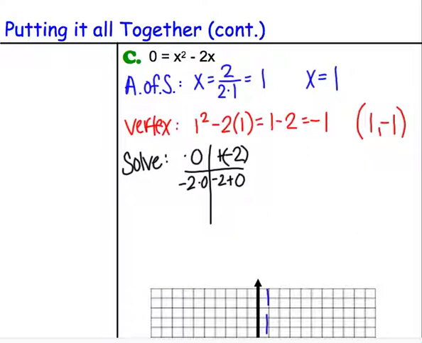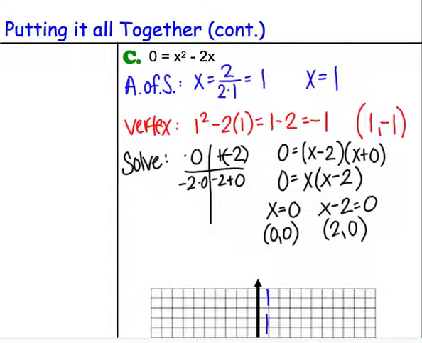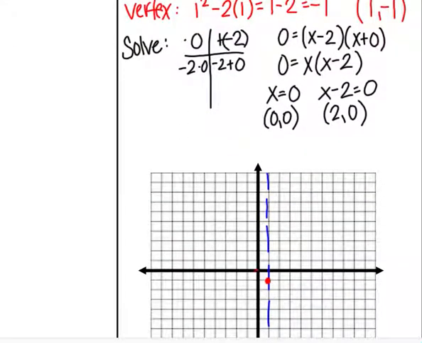Therefore, my equation is 0 equals x minus 2 times x plus 0, which I can rewrite as 0 equals x times x minus 2. By the zero product property, either x equals 0 or x minus 2 equals 0, which means that one of my zeros is at 0, 0, and the other one is at 2, 0. So I'll go ahead and plot those, 0, 0, and 2, 0.